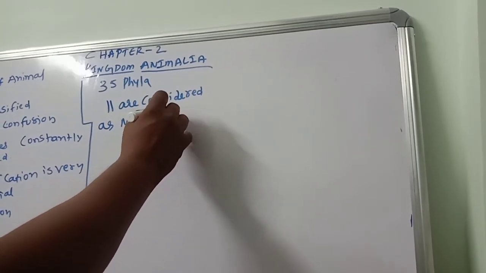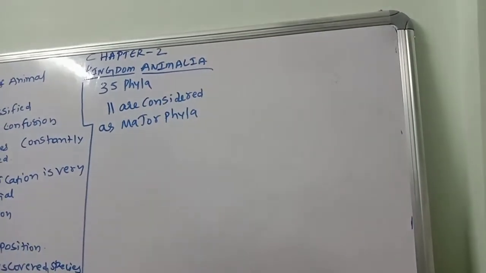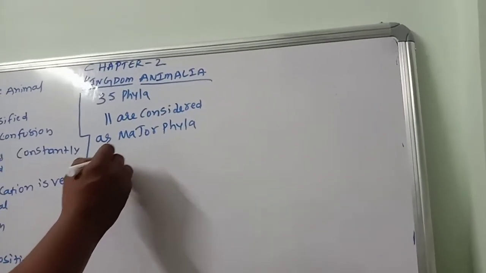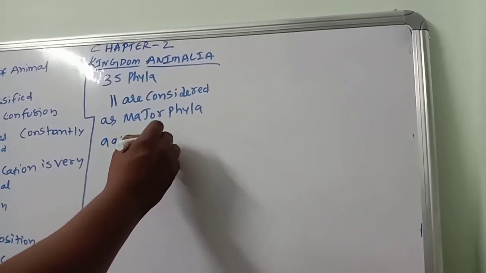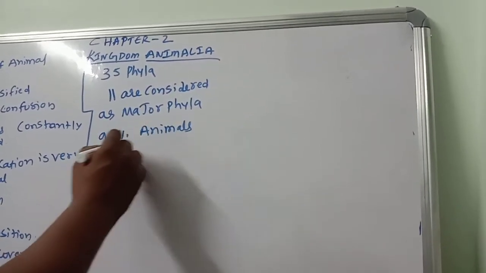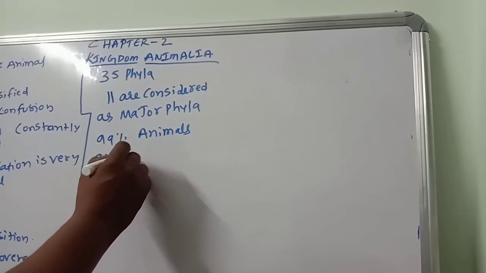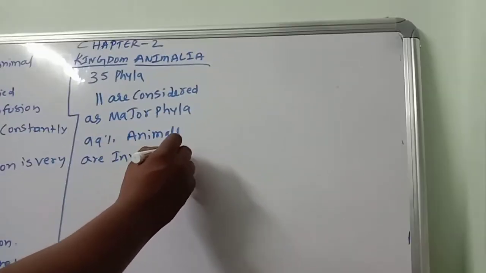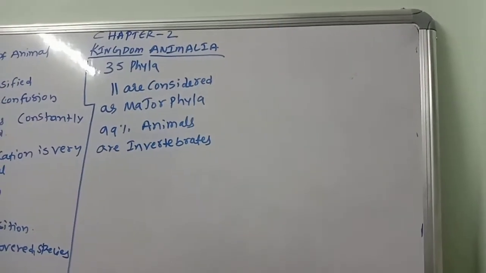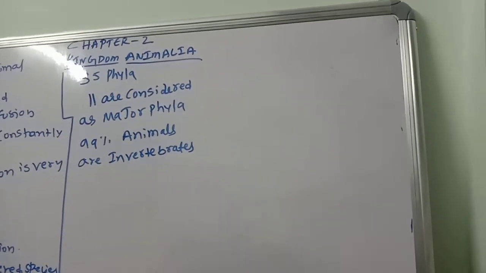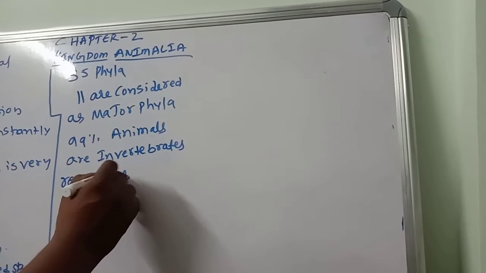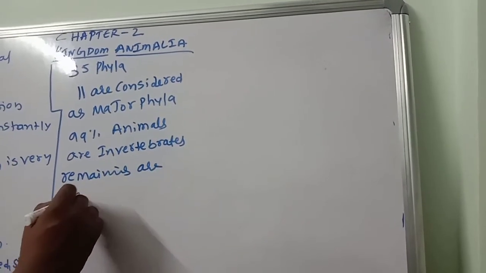You should remember this point: 11 are considered as major phyla. Almost 99% of animals are invertebrates, and the remaining 1% are vertebrates.